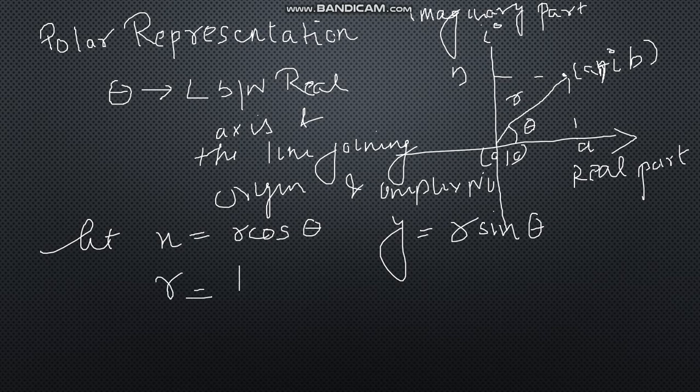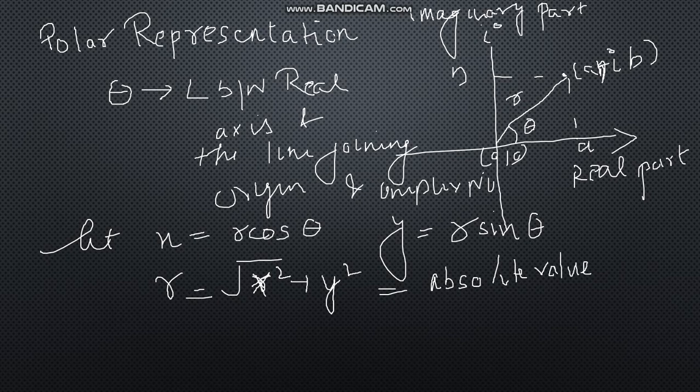If we take the square of the first and second and add, r is equal to the square root of x square plus y square, which is the absolute value of the complex number.